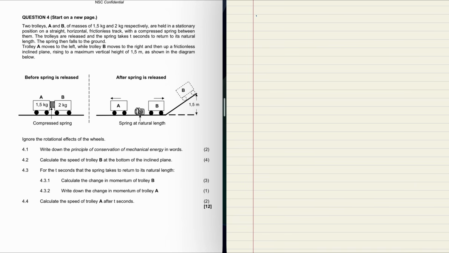So I'm going to say that mechanical energy at the bottom is going to equal the mechanical energy at the top. And the reason why we can use this, aside from the fact that they've given us a clue, is because this is frictionless. So no energy is going to be lost. Now at the bottom, there's no height, so we're going to have EK only. And EK is half the mass, so half of 2, and then V squared.